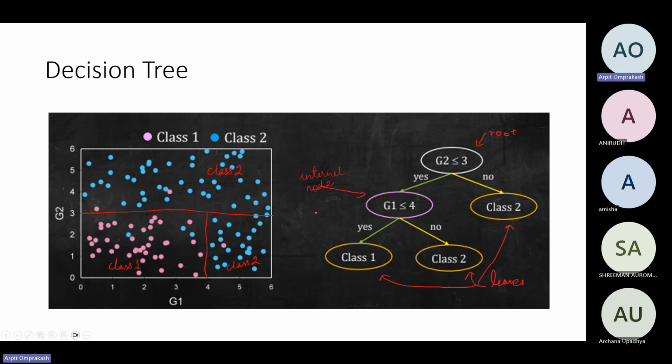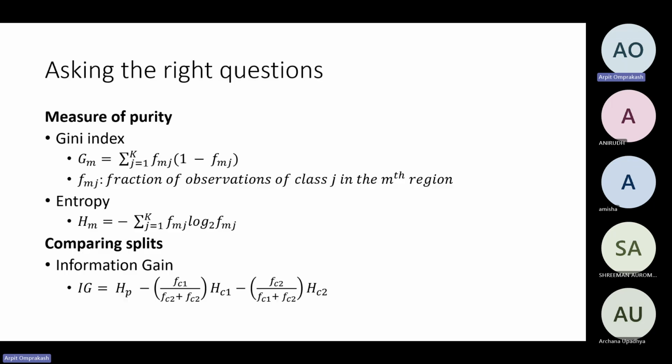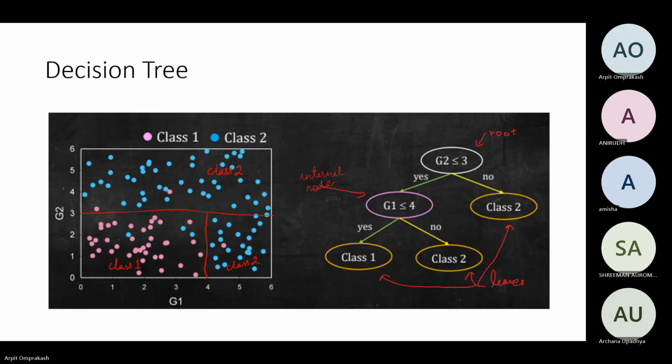So now we have divided our space into three different subspaces, and in each subspace we have a class label that we'll assign to new data points. In each of these nodes, we are asking some question. Here we are asking whether the value of G2 is less than or equal to 3.